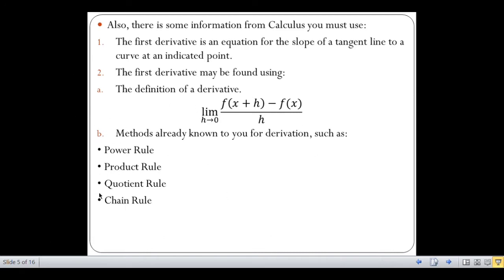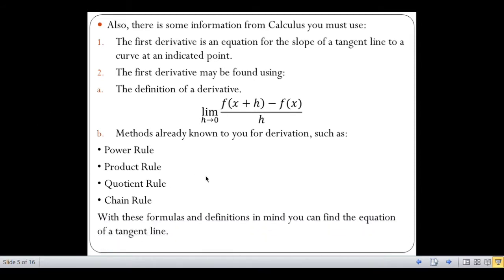Okay? So, tatandaan nyo lang po yan. Methods na ginagamit natin for derivation: power rule, product rule, quotient rule, and chain rule. Then, with these formulas and definitions in mind, you can find the equation of a tangent line. So, gagamitin po natin itong 4 methods and then the formula for derivative in finding the equation of a tangent line.